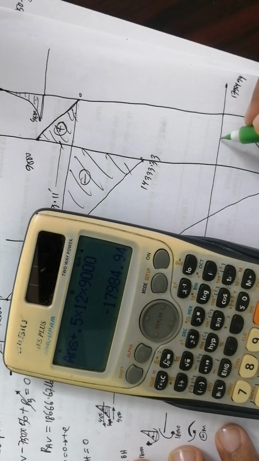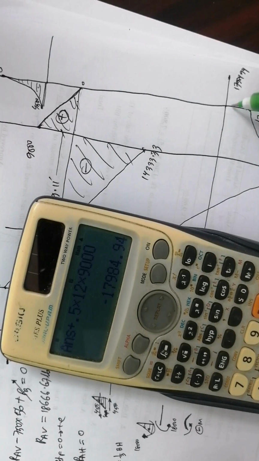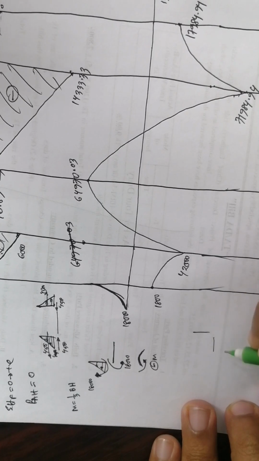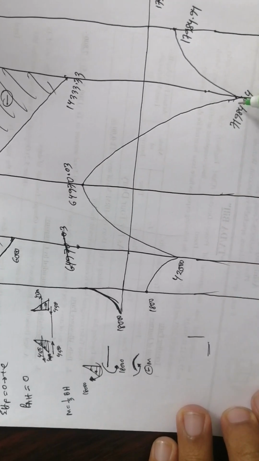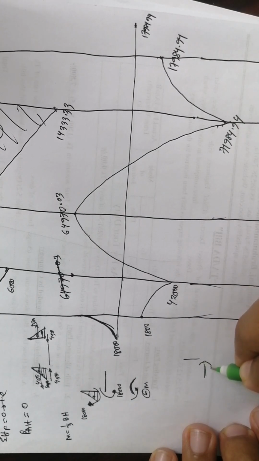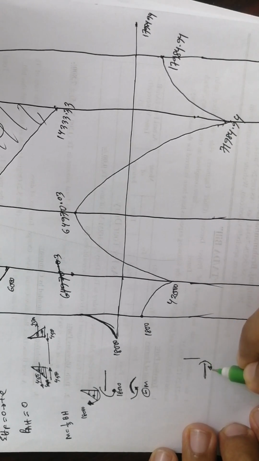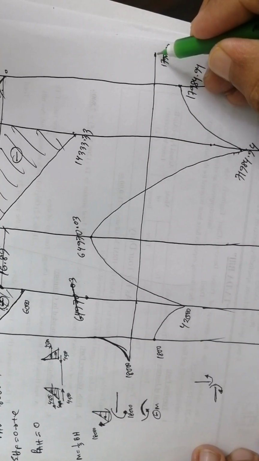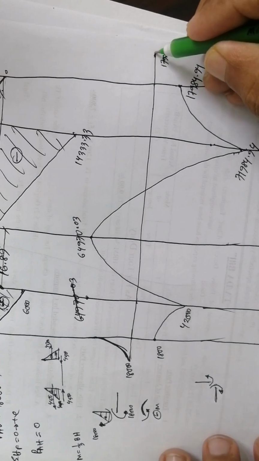So why is this not here, but here? Because for the free body diagram, if we draw the diagram of this point here, the negative, this is the negative, so here the moment should be like this for the base beam. So in this beam it should be this, so that's why it should be on this side.